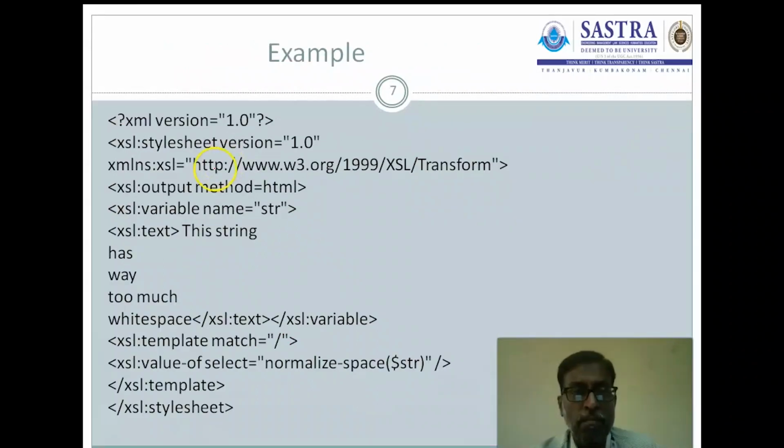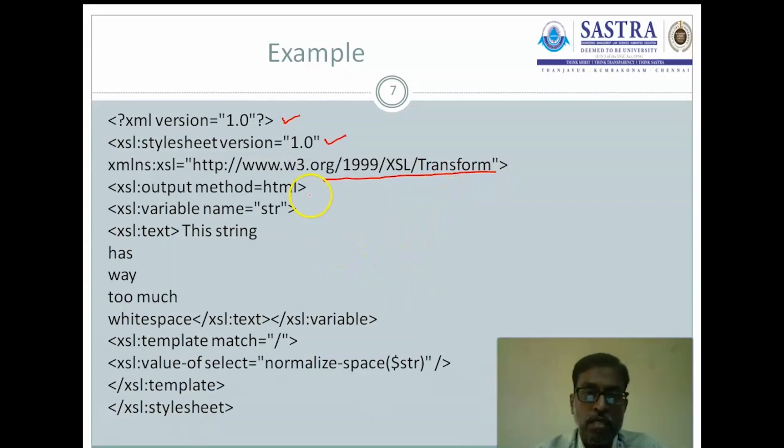See in this program, first, XML version equal to 1.0, and then the style sheet is defined by using the syntax xsl:stylesheet version equal to 1.0, and then we need to give the namespace URL supplied in xmlns:xsl.